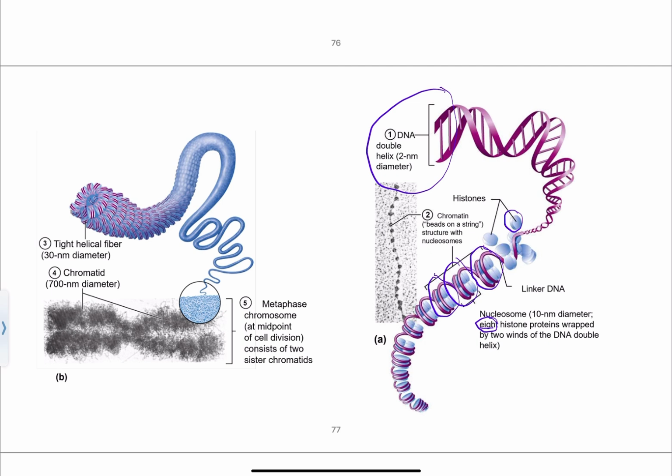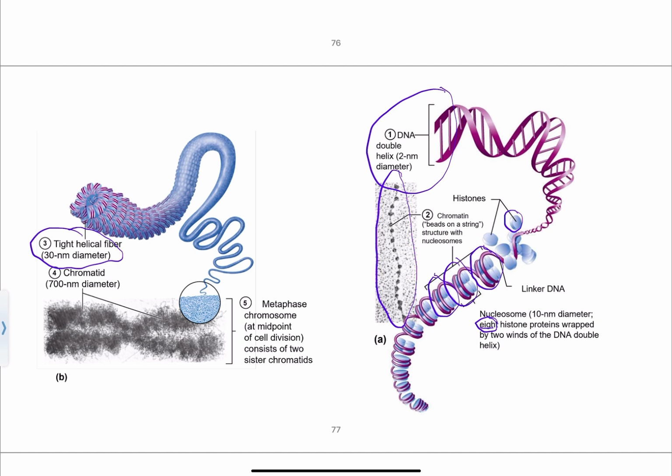If we take this structure where we have our DNA wrapped around these histones and we look at it under an electron microscope, it's going to look like this. So this model is also referred to as beads on a string because it literally looks like we have some beads on a string. So once we have our DNA wrapped around our histones, the next way that we further compact it down is to basically turn this beads on a string into a helical fiber that kind of looks like this.